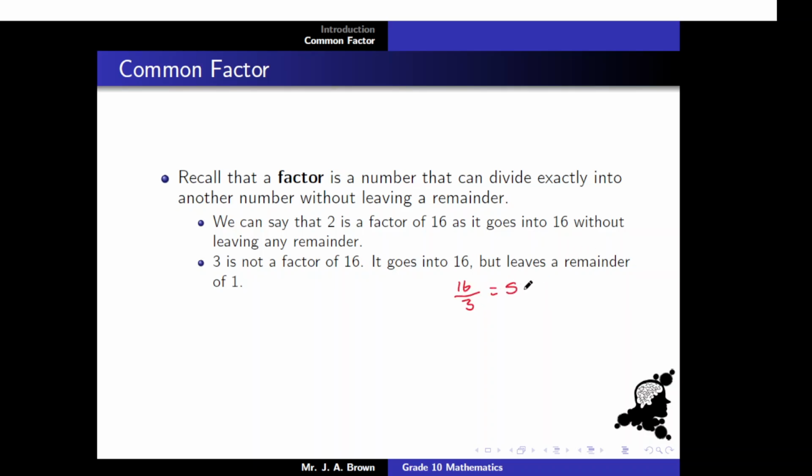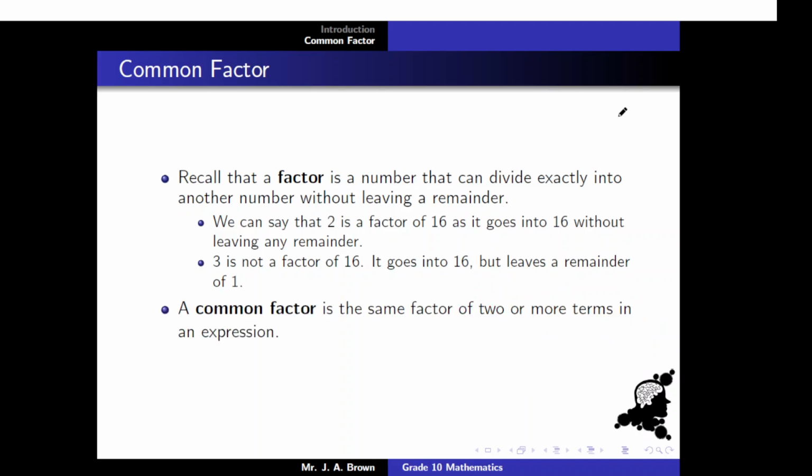The fact that there's a number after the comma, I believe this is 5,333 recurring, means that this is not a factor. So in other words, 16 divided by 3 is going to give us 5 with a remainder of 1. Because the remainder is not 0, 3 is not a factor of 16. I hope that this makes sense.